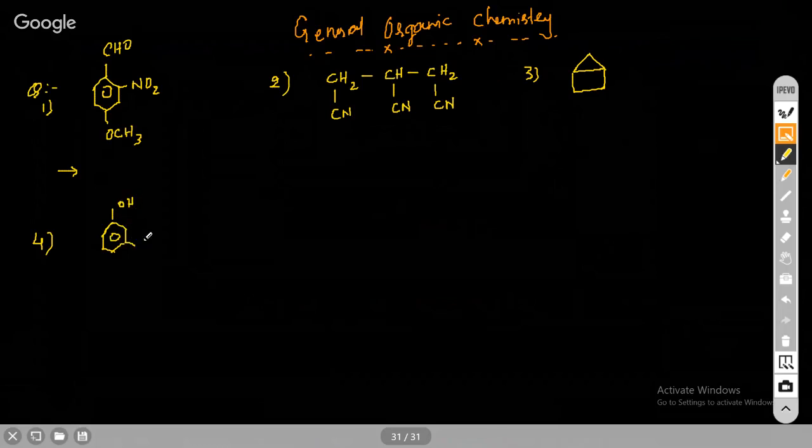OH, CN, and Br. Fifth one. Two methyl groups attached. Sixth one is this.